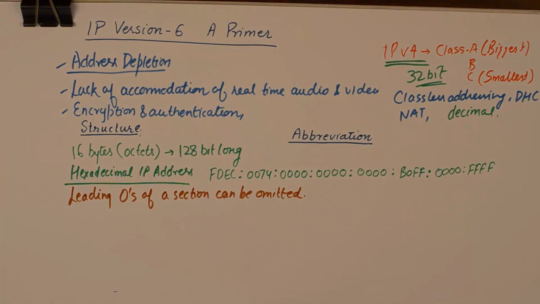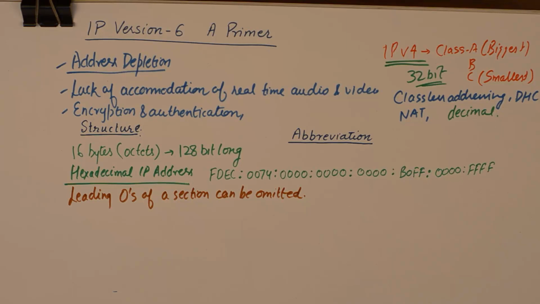And then if we have a group of 4 zeros, you can simply use a colon by skipping all the zeros, provided you have a group of zeros just like the way we have in the example.